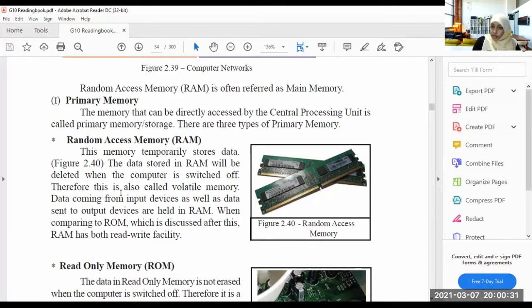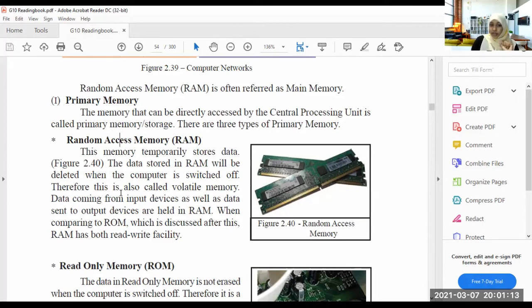The data stored in RAM will be deleted when the computer is switched off. So when you open your computer, when it runs and comes to your desktop for the first time, whatever work you do in the computer, it keeps in its memory. Suddenly, if your computer switches off or the electricity goes off, all the things you were doing will be erased from the main memory, the random access memory.